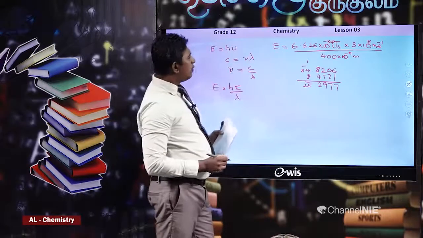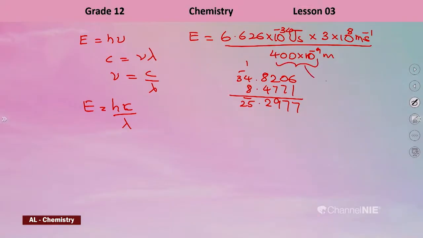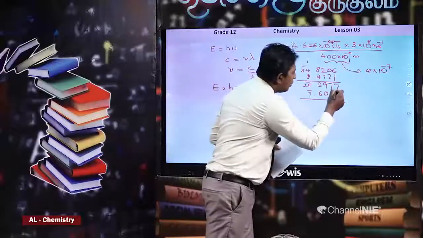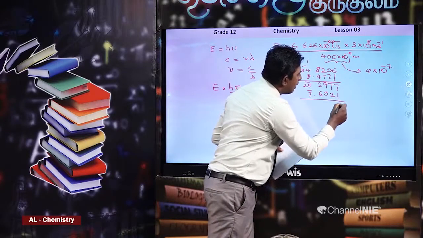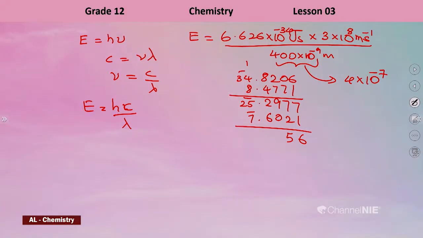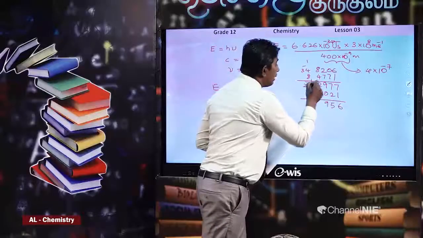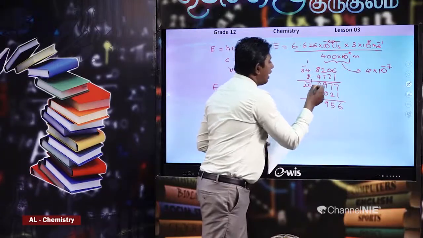Okay, then students, I could sort this out as 4 times 10 to the power minus 7. I'll take it as bar 7 there. Then students, when you check for the log, it's 6021 you get there. You need to subtract that, isn't it? So you need to subtract, 1 minus 7, it's 6, it's 5, it's 9, then 12 minus 6. You can't subtract 6 by 2, that's 4, therefore you need to take 1 from that side.